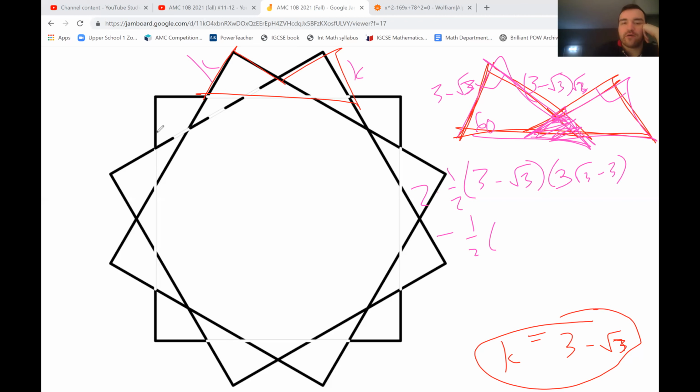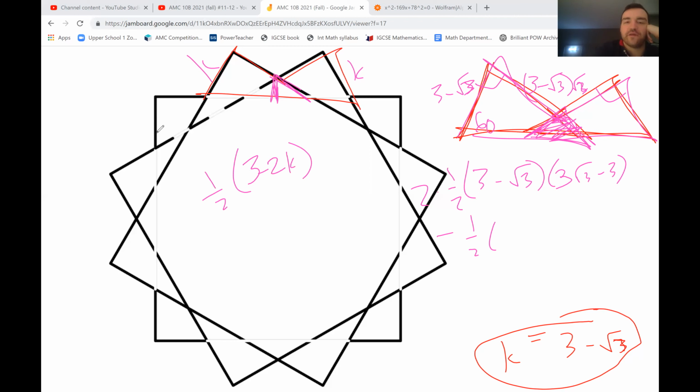Now, if I think about that, remember how this height here, if you rewind a little bit, I already found it. It was 3 minus 2k, because remember this was 6 minus 4k, so this is 3 minus 2k, right?